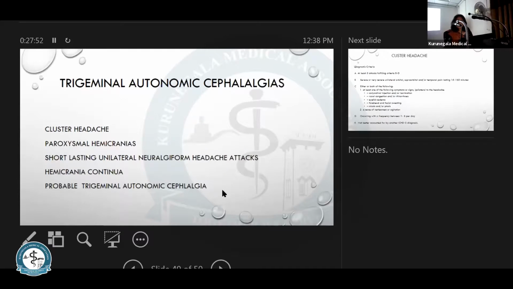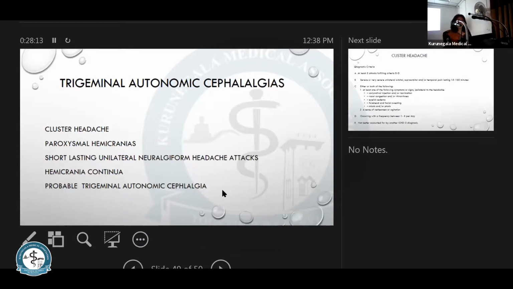The trigeminal autonomic cephalalgias are the third variety of primary headache disorder. It's a separate entity by its own means, by associated autonomic features like tearing, conjunctival injection, the facial puffiness. These features are there with the headache.